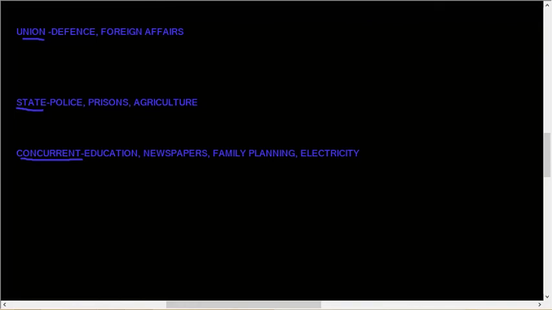And the last thing is emergencies. The president can declare emergency, and the emergency provisions are provided in Part 18 of the Constitution.